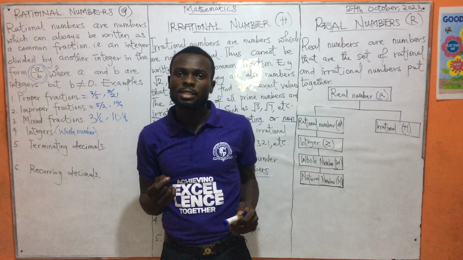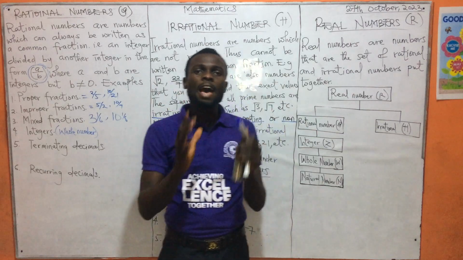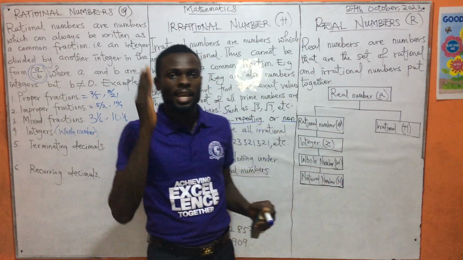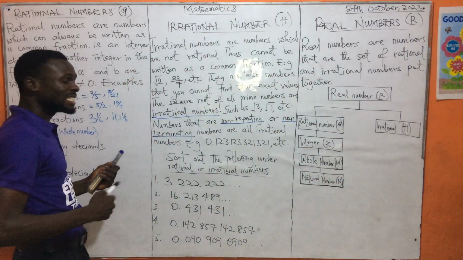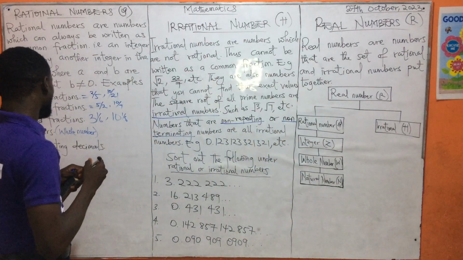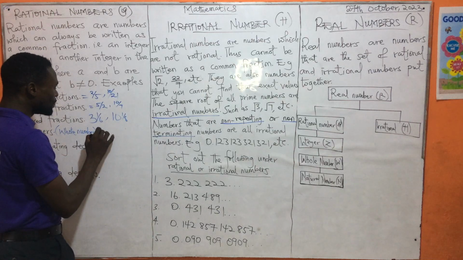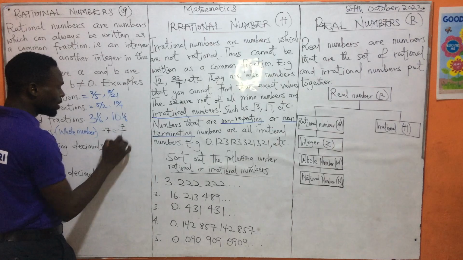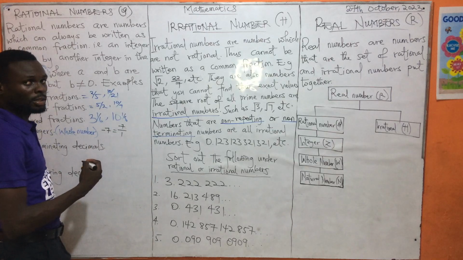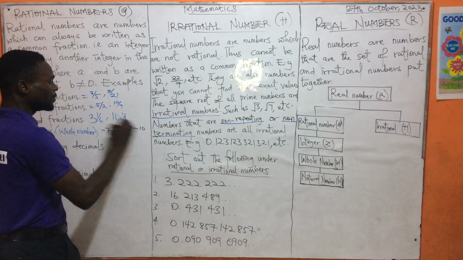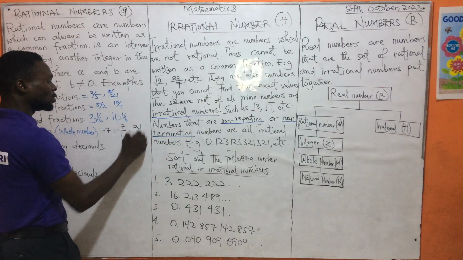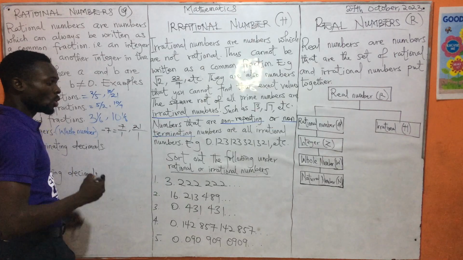But we also know that every whole number is over 1. So if an integer is a rational number, then the integer, let's say negative 7, is the same as negative 7 over 1, which happens to be a fraction. Then we can also say negative 10, which is also over 1, or a positive value, let's say 21, which is also over 1.